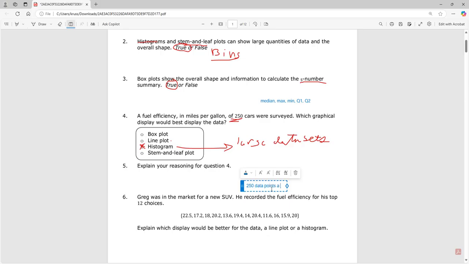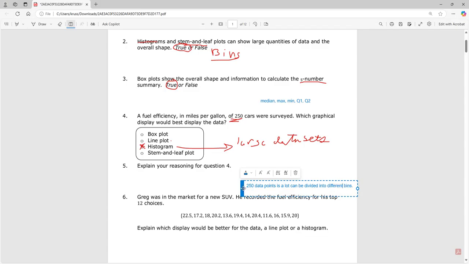Points is a lot and can be divided into different bins. Let's delete repeated word. It's spelled divided right. And different, DIFFERENT, different bins. All right, so that's what you're looking for there.